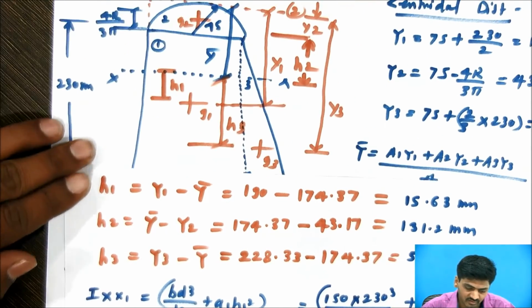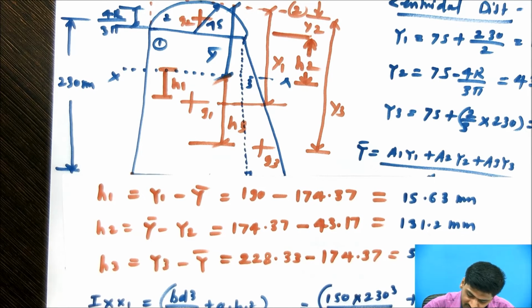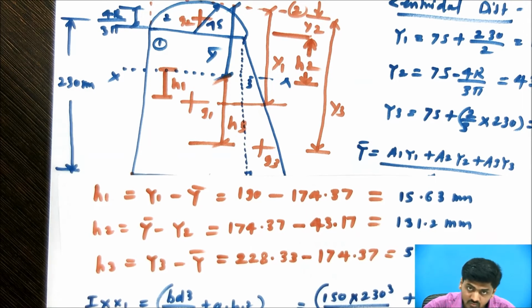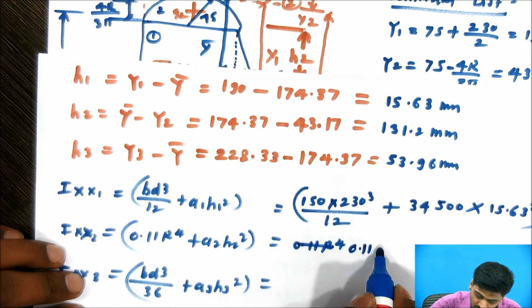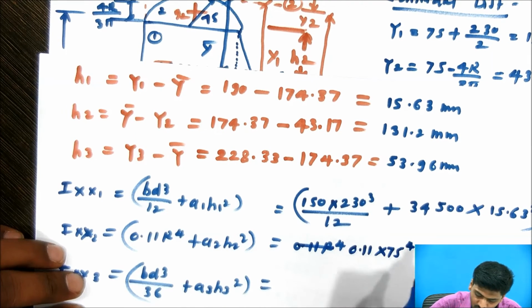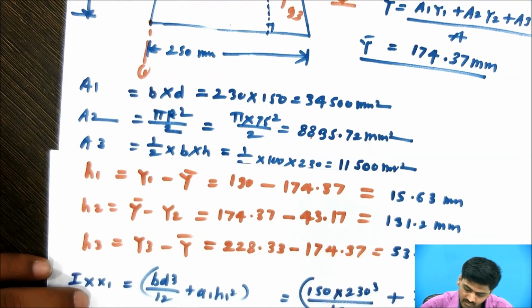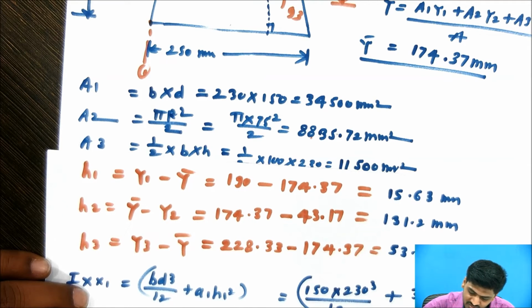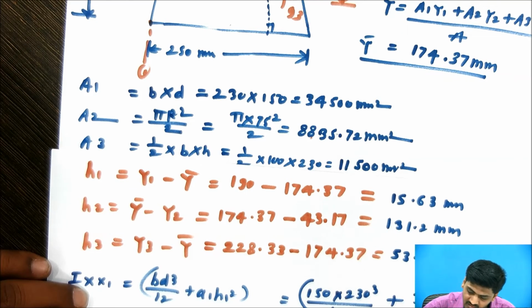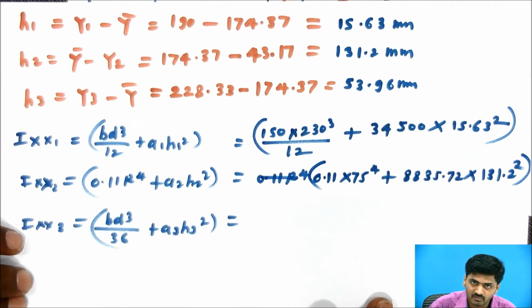For the semicircle, the radius is 75, so 0.11 into 75 power 4 plus the area of the second figure, already calculated, 8835.72 into H2 square, 131.2 square. This is regarding the second.